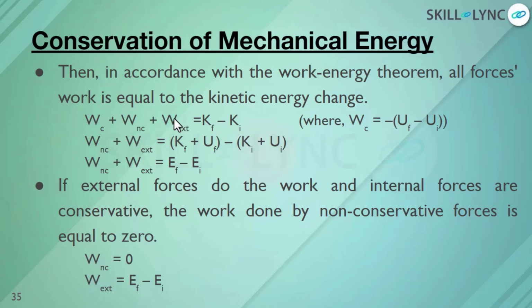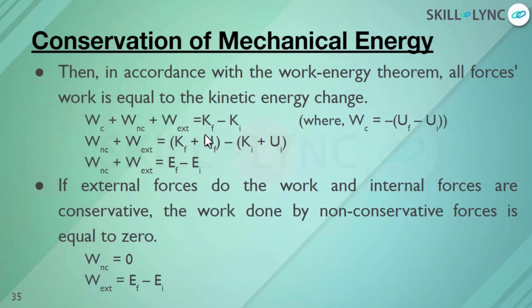On the LHS, WNC and WEXT stay, whereas WC, the work done by conservative internal forces, has been replaced by minus of Uf minus Ui, and thereby we have shifted it to the right hand side to write Kf plus Uf minus Ki plus Ui, where Kf is final kinetic energy, Uf is final potential energy, Ki is initial kinetic energy, and Ui is initial potential energy.